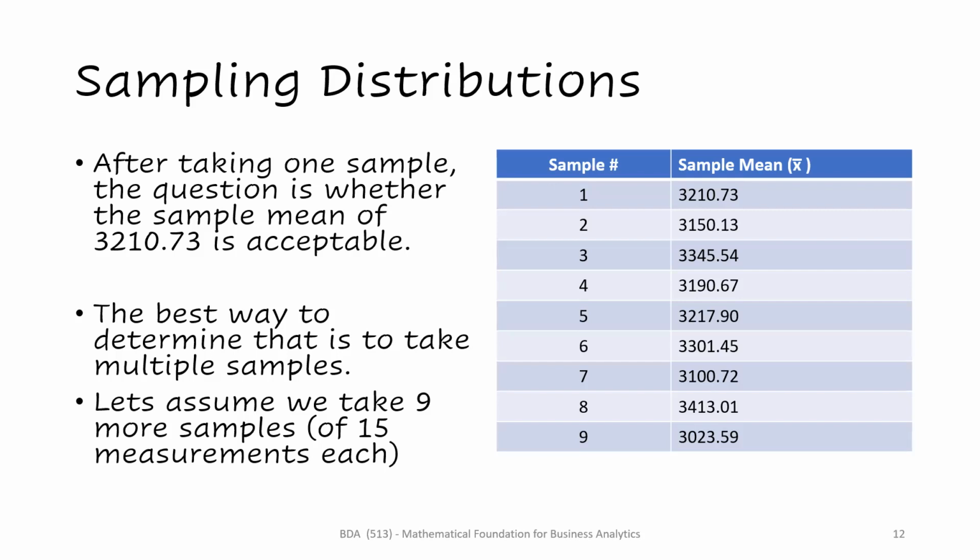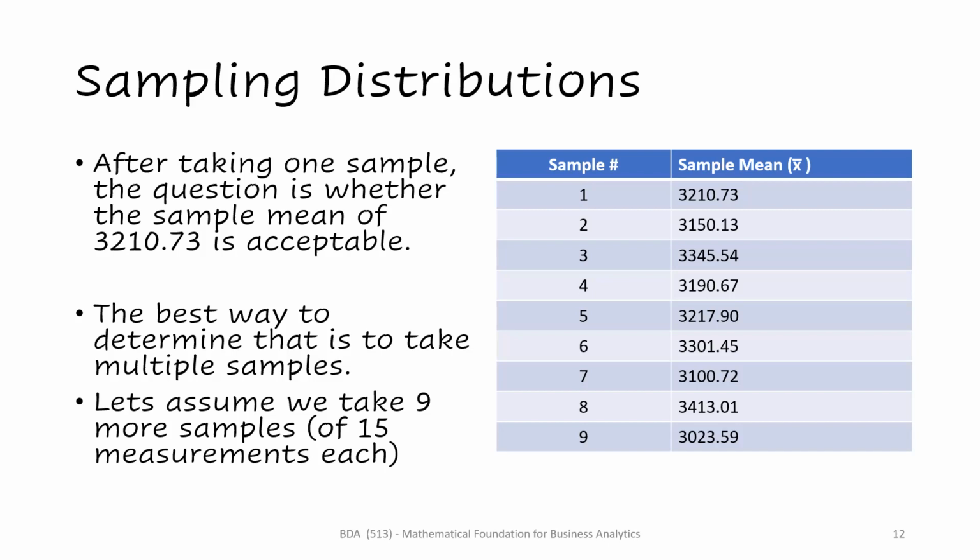Are you all okay with this? We've just made an assumption that we are taking 9 more samples, and for each of the samples we are given the sample mean. Remember that this is just an assumption.